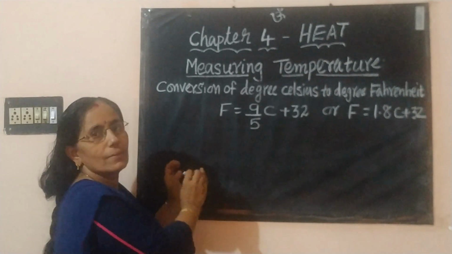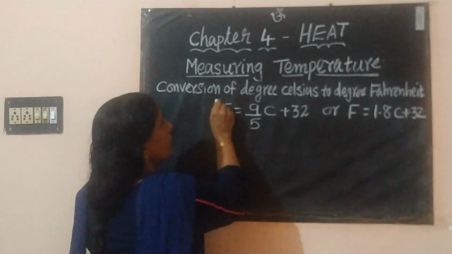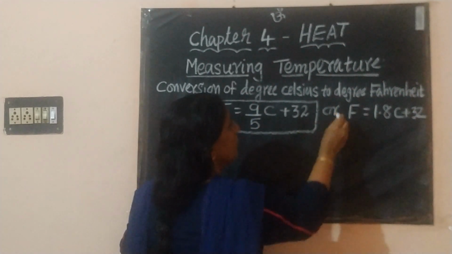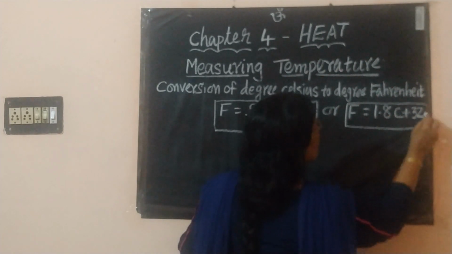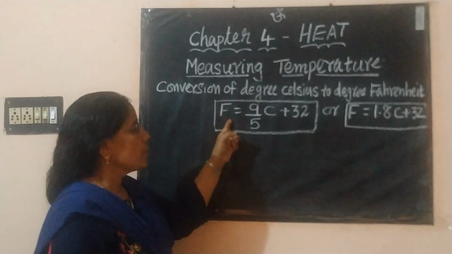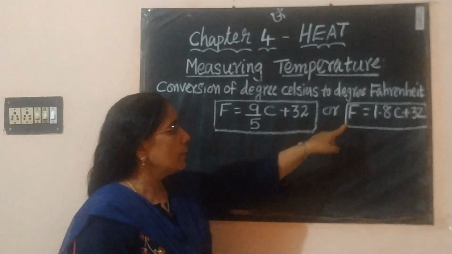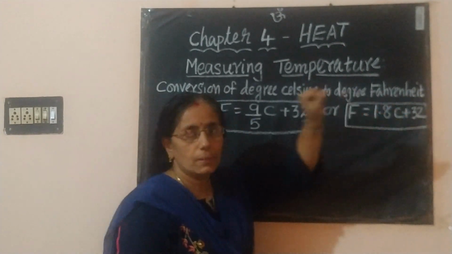These both are the general formulas for conversion of Celsius into Fahrenheit scale. F is equal to 9 by 5 C plus 32, or F is equal to 1.8 C plus 32.